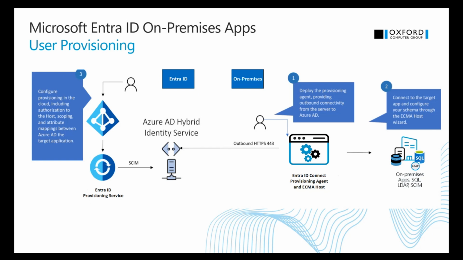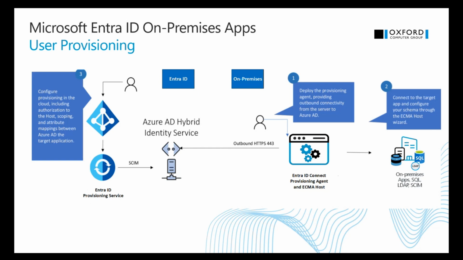So the HR provisioning was out there. That's great. We can create Active Directory accounts, but everyone's got everything else going out there. Some LDAP directories, some SQL databases. So this now allows you to create these applications in your tenant that can talk to the provisioning agent on-prem and provision out to these different types of applications.